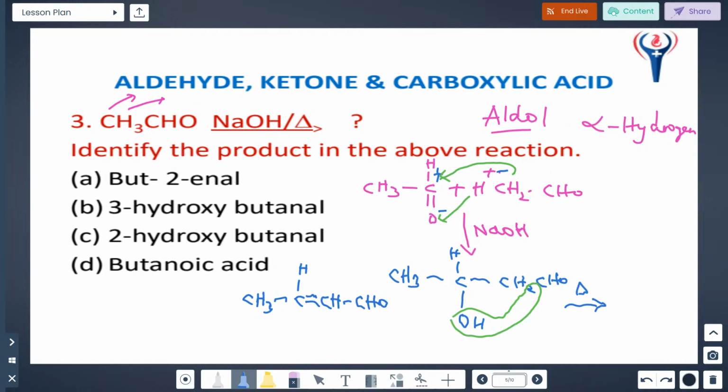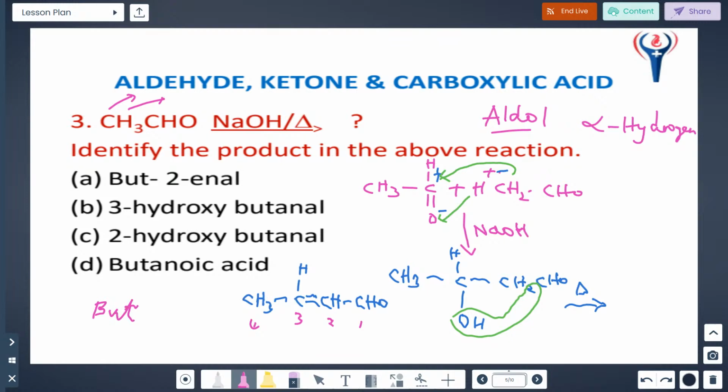Now, give the name to this compound. What's the name? It has an aldehyde group, so you start numbering from here: 1, 2, 3, 4. For one reaction, we are studying aldol condensation, and at the same time we are studying IUPAC names also. Now, we have 4 carbons, and 4 carbons means but.